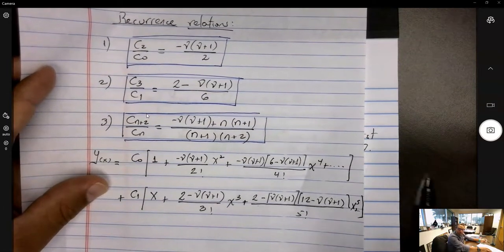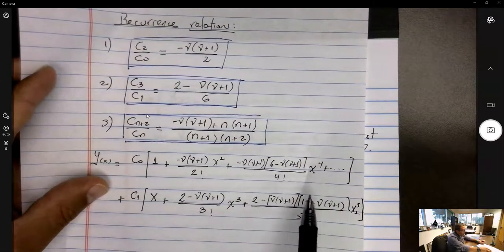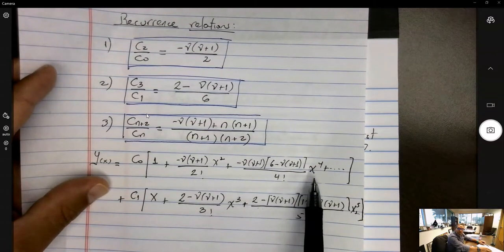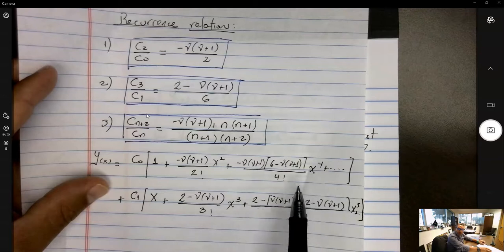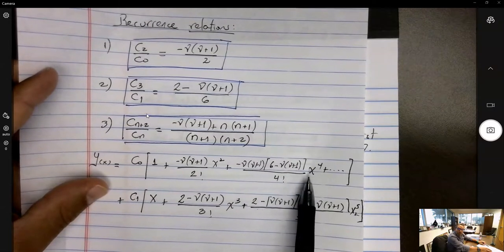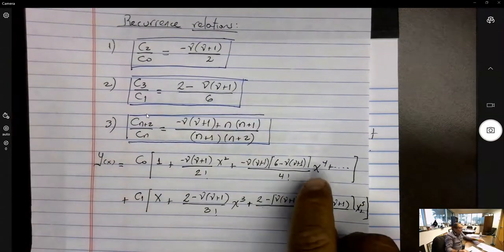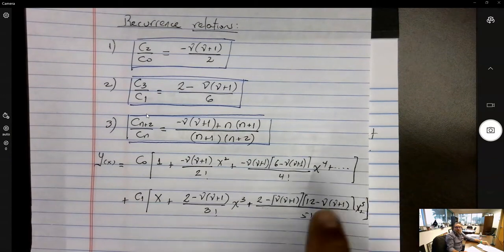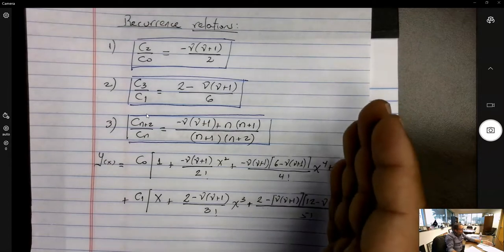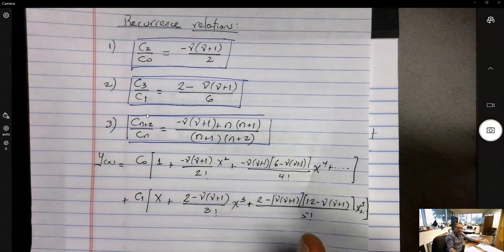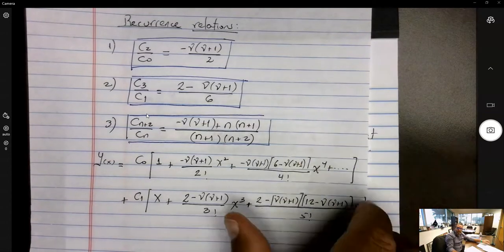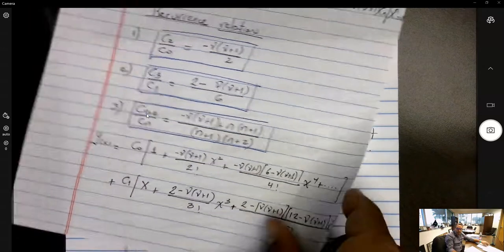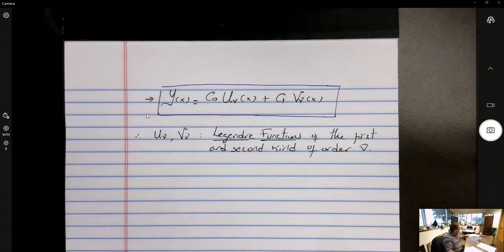Also, more importantly, remember that this solution is only valid between x equal -1 and x equal 1. So x will always be less than 1 in magnitude. So larger powers of a number less than 1 will always give you a smaller number. So terms of larger power here will tend to vanish, and are negligible compared to terms of lower power. So you can approximate these Legendre functions very easily.